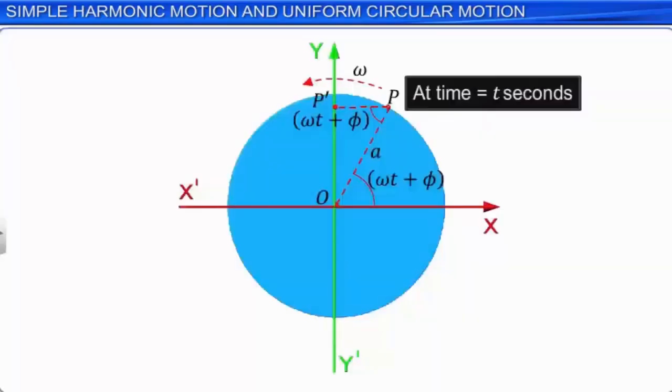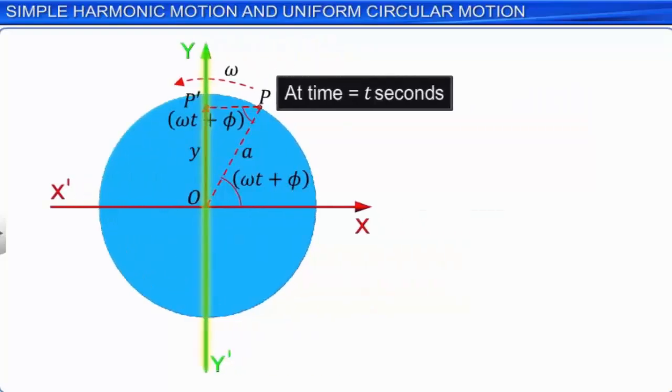Then, the displacement of the projection of P executing simple harmonic motion along the diameter of the y-axis can be written as y = A sin(ωt + φ), where A denotes the amplitude of simple harmonic motion, which is the radius of the reference circle.